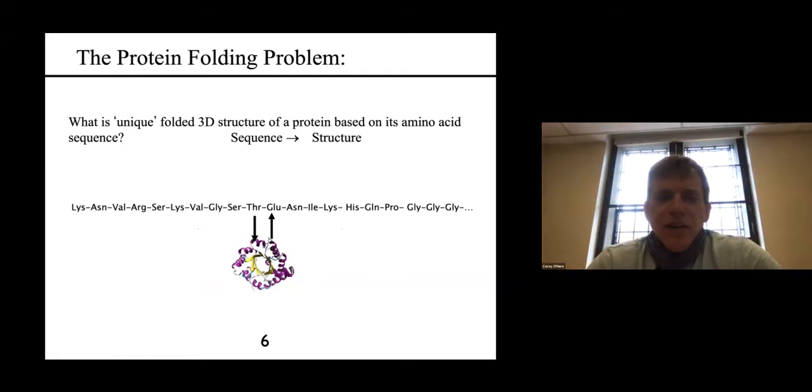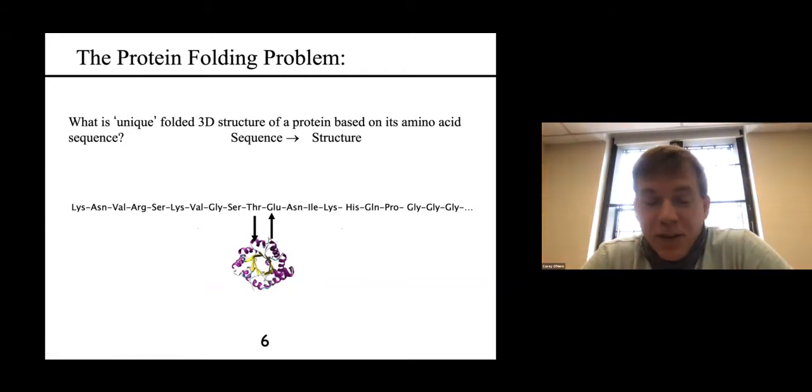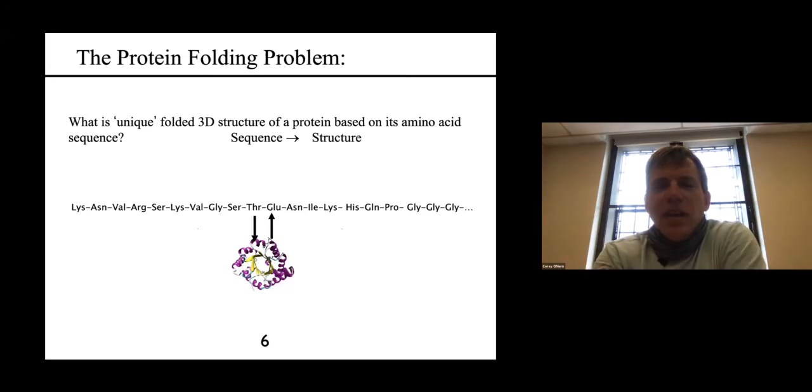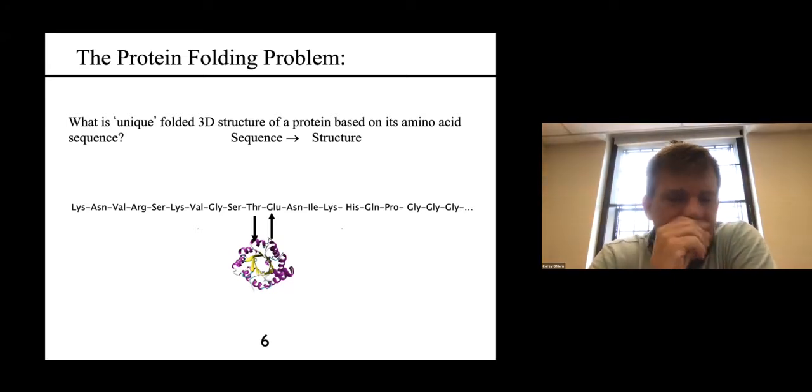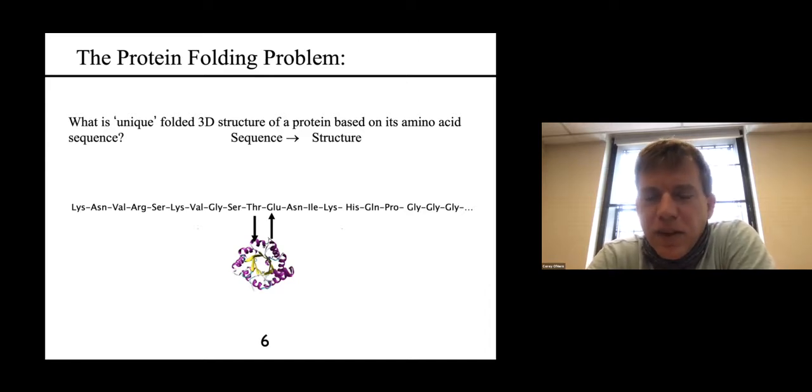Definitely in the 70s and 80s, and to this day, there's something called the protein folding problem. It's this idea that you can come up with amino acid sequences, and you can ask, what's the structure associated with that amino acid sequence? The idea is that proteins don't have arbitrary amino acid sequences.